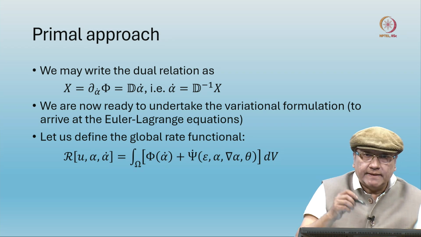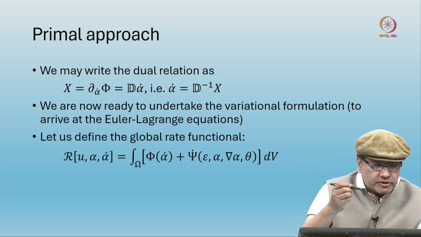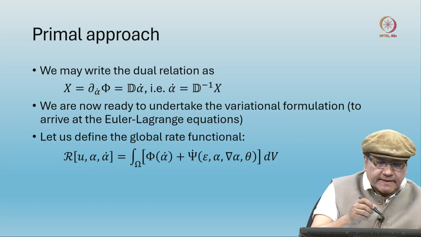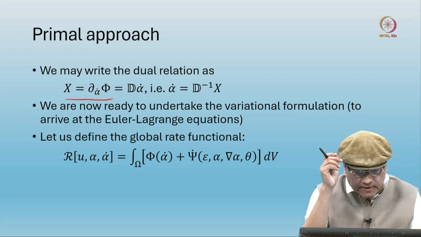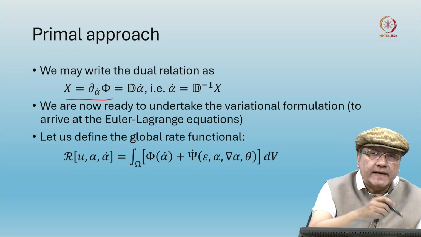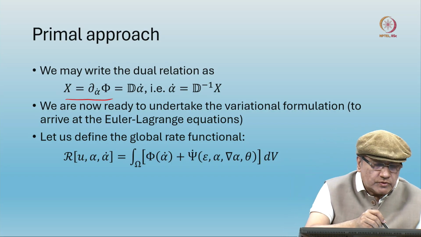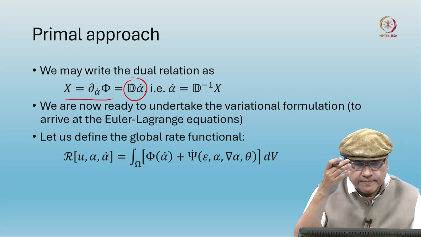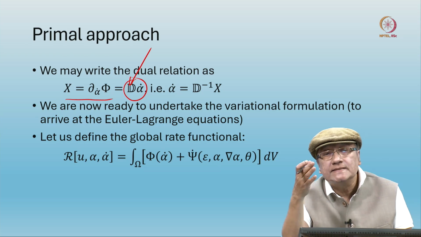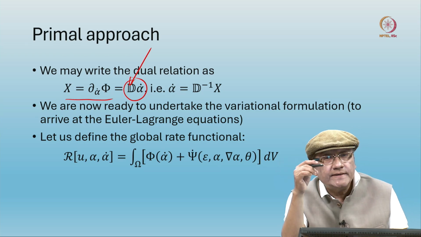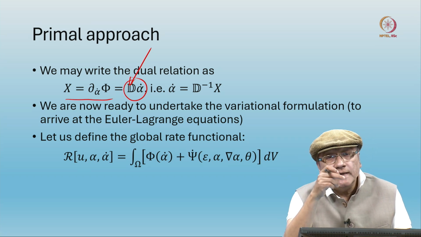First do the local minimization. The local minimization means first write the dual relation. We know that x is del phi by del alpha dot, which is equal to d alpha dot, because this script d is essentially the viscous damping tensor associated with the rates of the internal variables that we introduced in the last lecture.